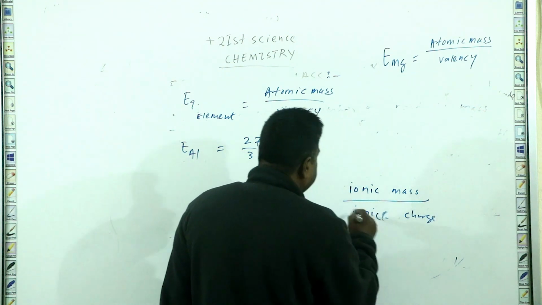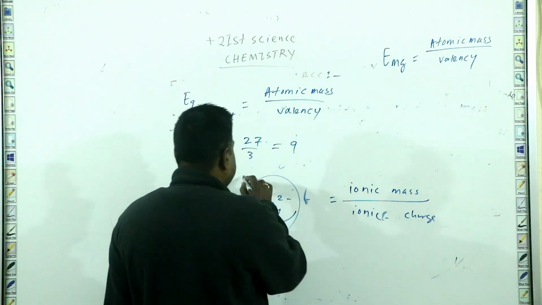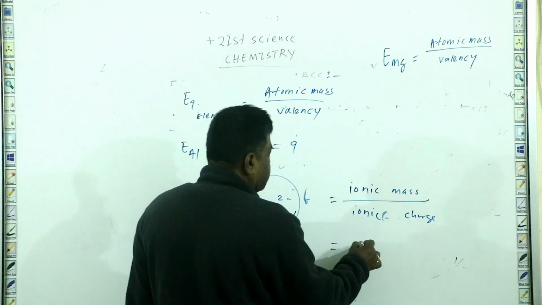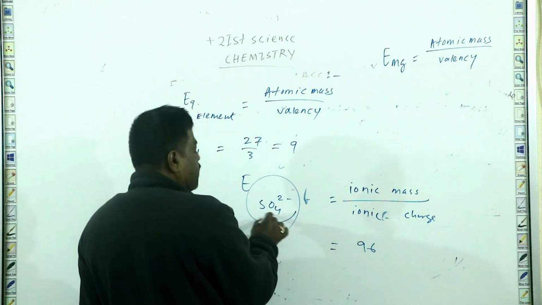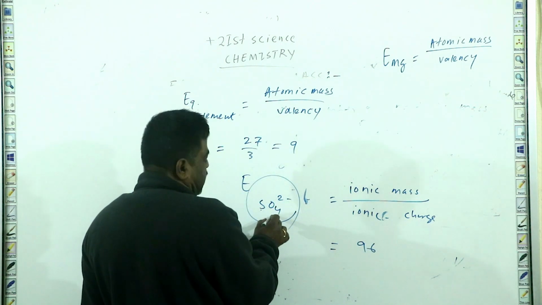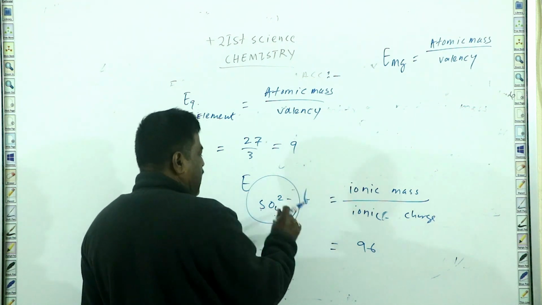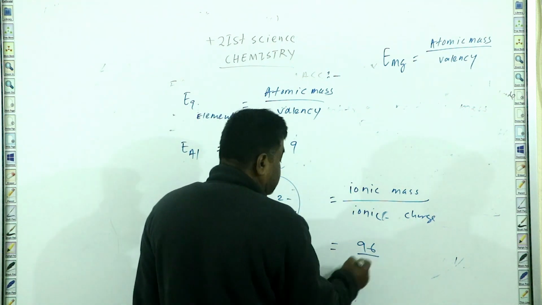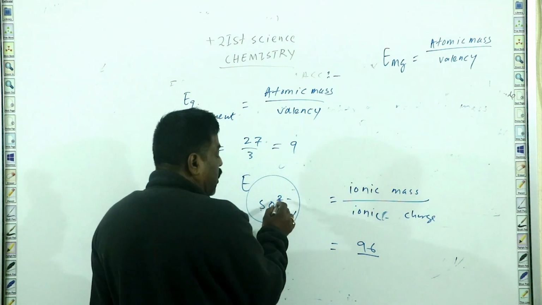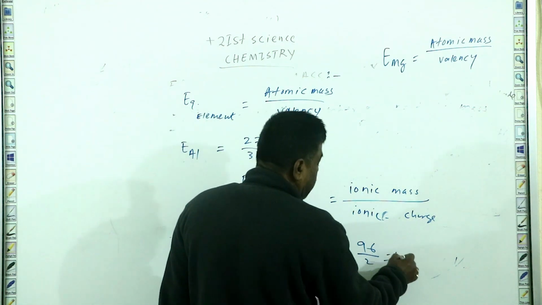Here the ionic mass is 96, the sum of the atomic masses of sulfur and 4 oxygen atoms. So 96 by the charge of the ion, which is 2, gives 48.